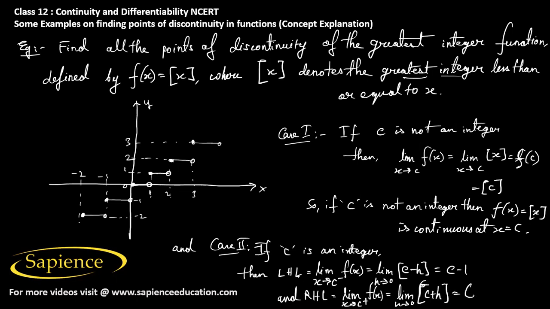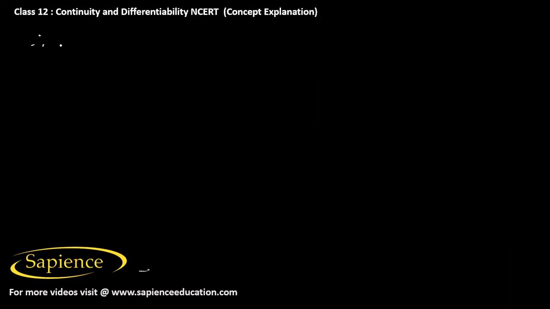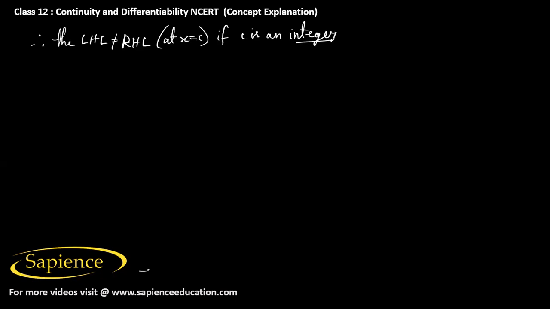So now it means that the left hand limit is not the same as the right hand limit at x equal to c when c is an integer. So therefore the left hand limit is not equal to the right hand limit at x equal to c if c is an integer. So if c is an integer, then the limit does not exist at x equal to c.